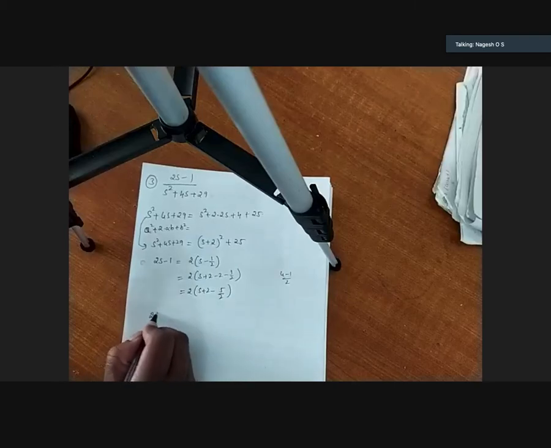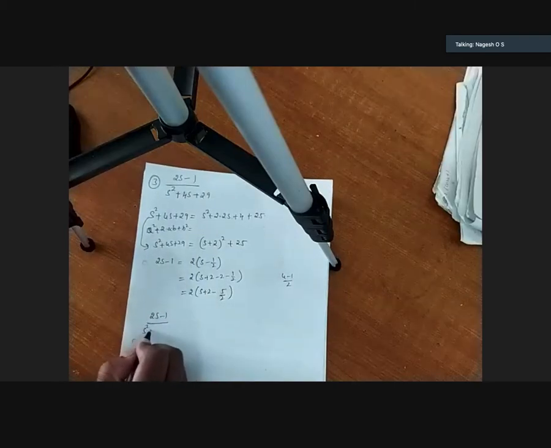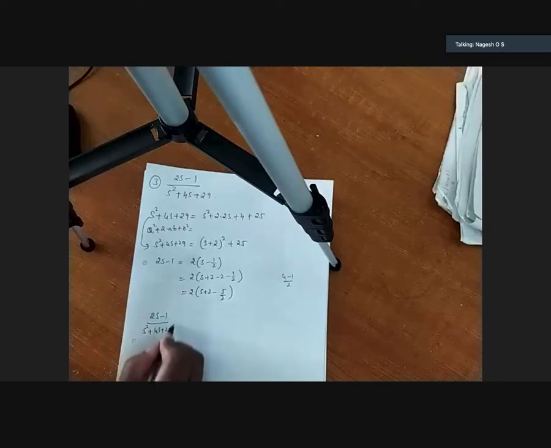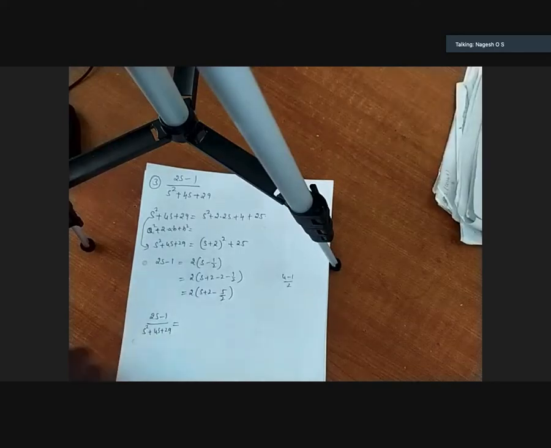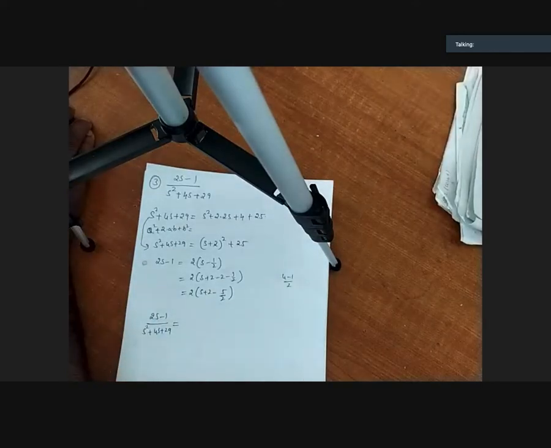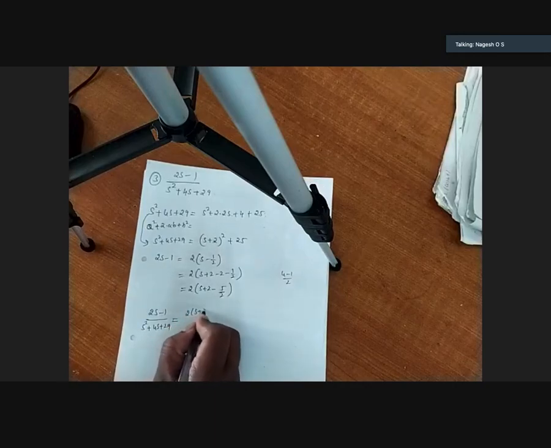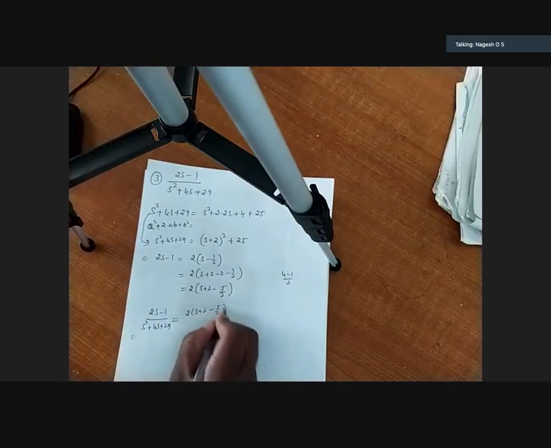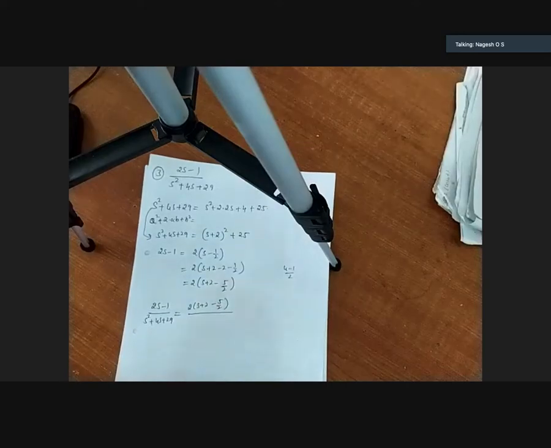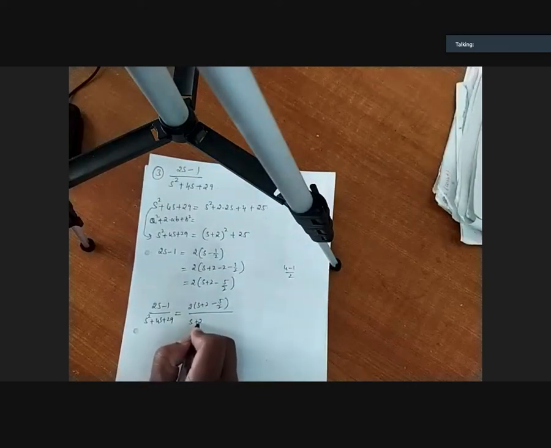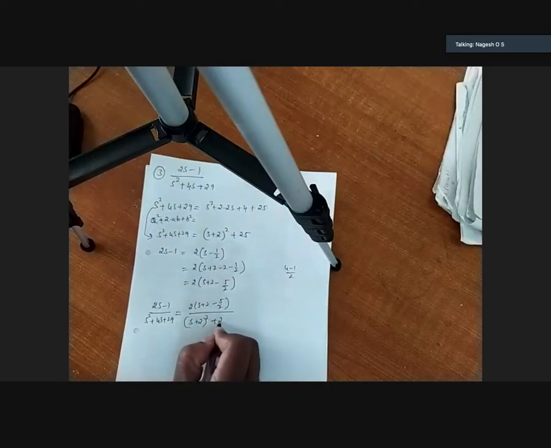Now, this problem will reduce to (2s minus 1) divided by (s square plus 4s plus 29), which is equal to 2 into (s plus 2 minus 5 by 2) whole divided by (s plus 2) whole square plus 25.